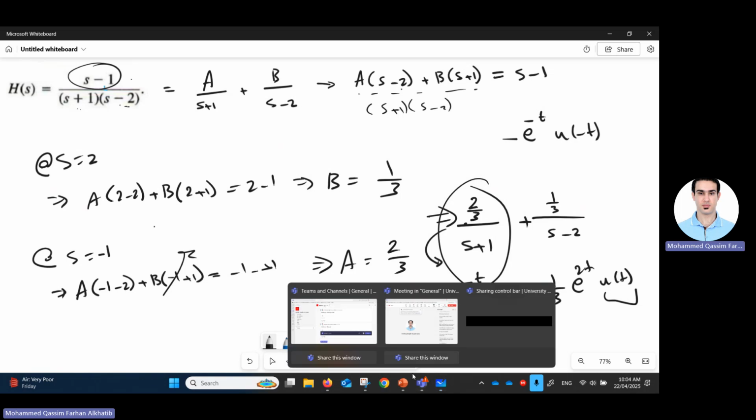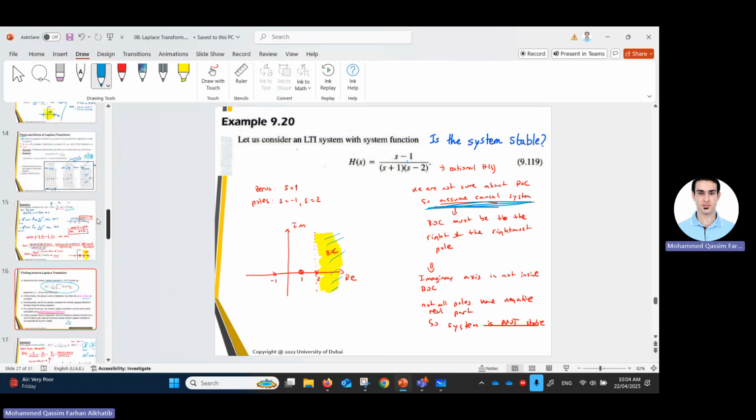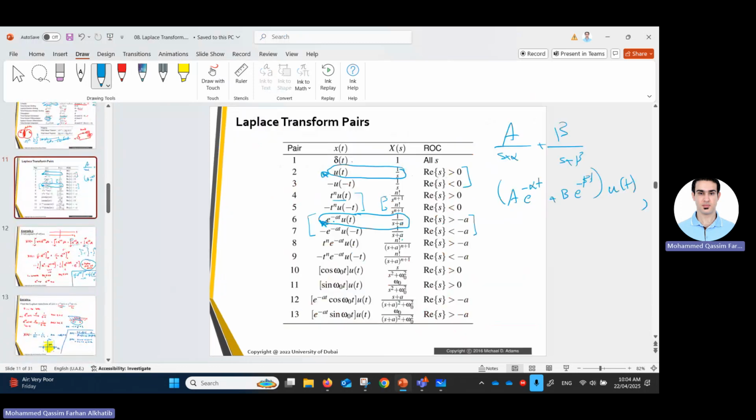If you go back to the tables, we don't have to worry about how I got the expression. So e to the power negative at u of t is 1 over s plus a. Now notice these are the same.